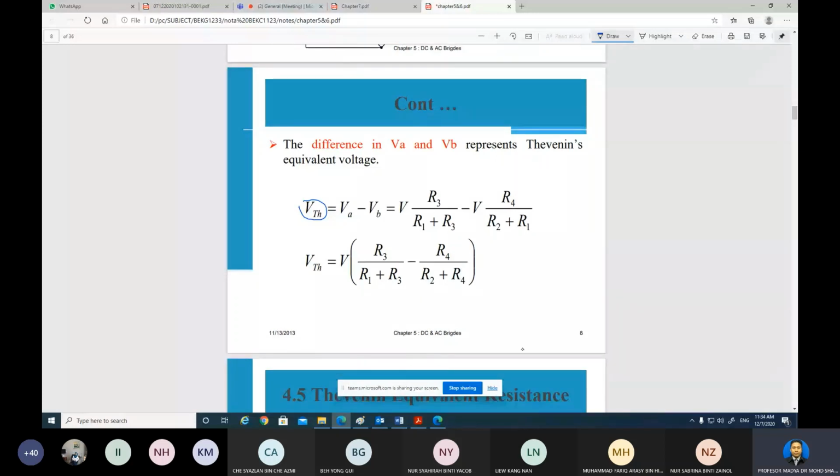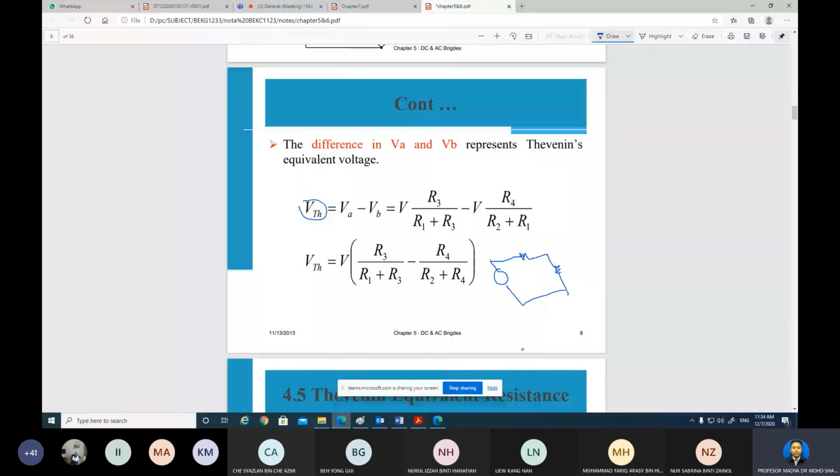Next we have to calculate the resistance. When we simplify this circuit from the Wheatstone bridge, we get something like this.